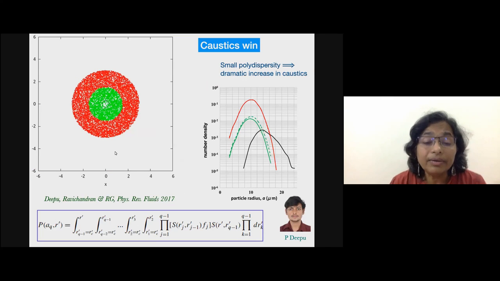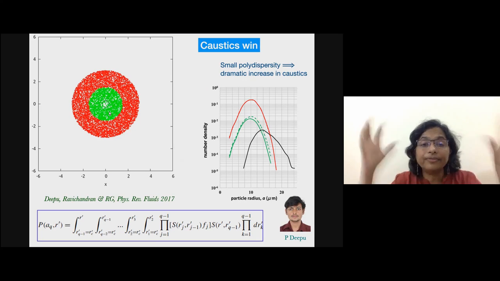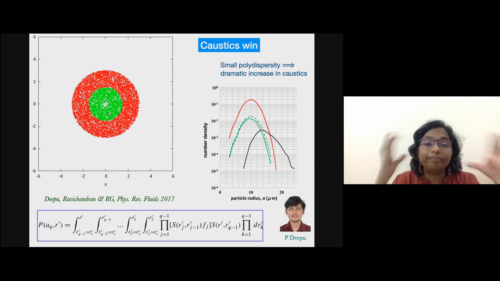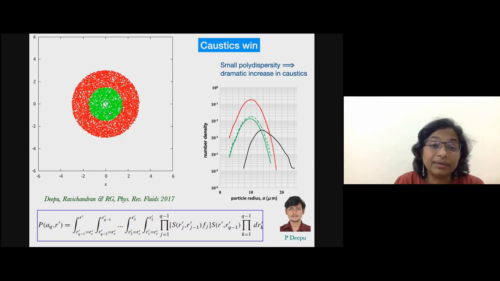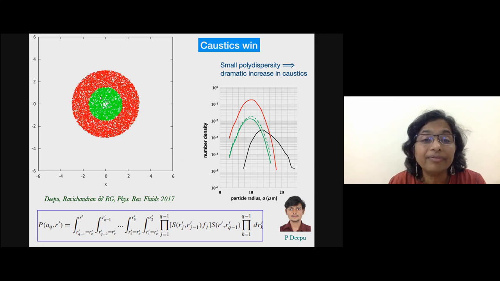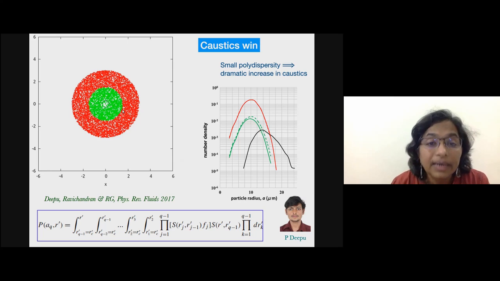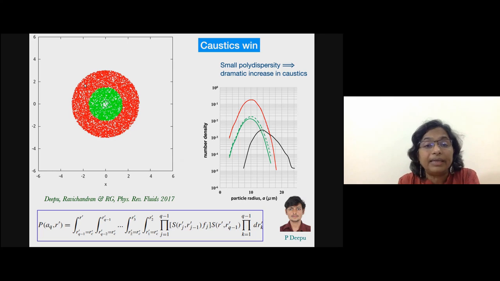Now, here we have a Lamb-Oseen vortex, just to show you that a lot of collisions can happen, and because of that, coalescence and particle growth can happen when you have caustics. So here inside that special magic radius, we color the particles green. Outside the magic radius, we color the particles red.